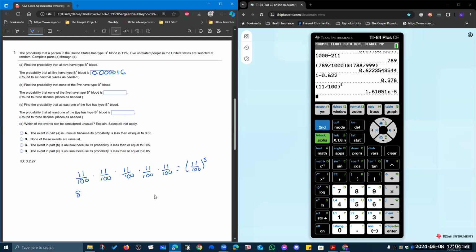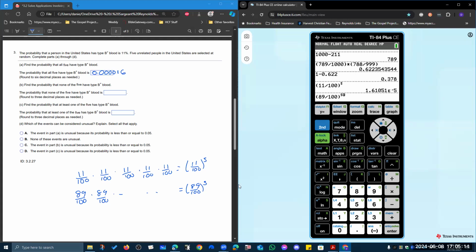So that's going to be 89 over 100 times 89 over 100, etc., which is going to be 89 over 100 to the 5th power. And that is going to be 0 point, and it says to only round this to 3 decimal places, 5, 5, 8.